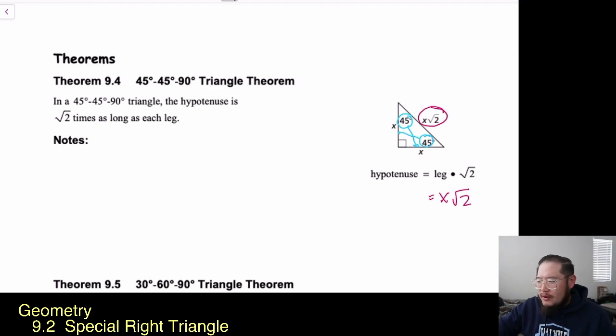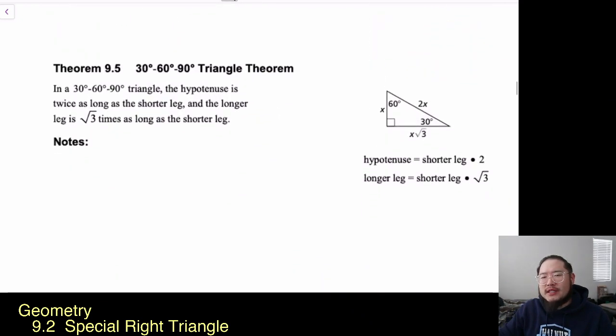As we move along, let's take a look at the next special right triangle, the 30, 60, 90. It says in a 30, 60, 90 triangle, the hypotenuse is twice as long as the shorter leg. And then the longer leg is rad 3 times as long as the shorter leg. So the shortest leg we'll just say is x.